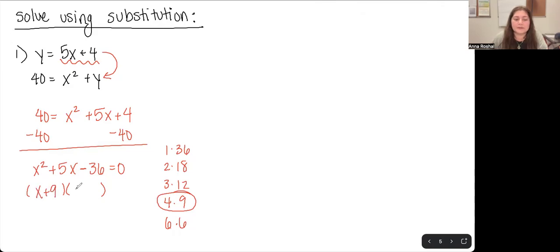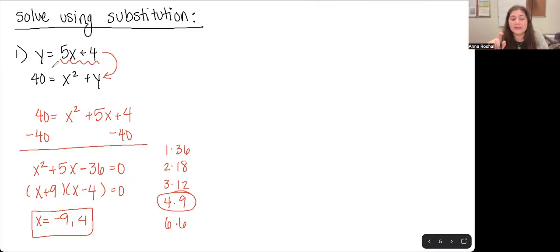So I have x plus 9, x minus 4. I'm going to set them each equal to 0. And for the purposes of space, x is going to be negative 9 and regular 4. This is part 1 of my solution. Because I have a system, I have to have a coordinate point, an x and a y solution.